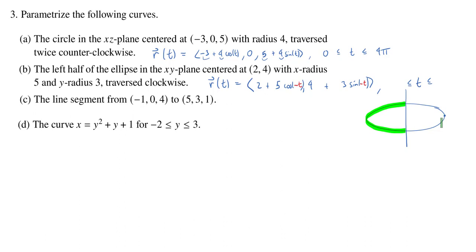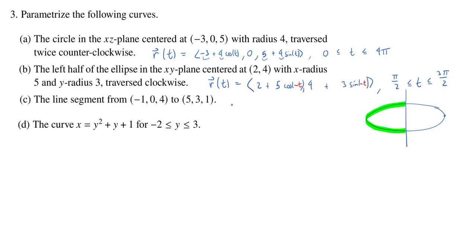So as I go backward, I don't want to start until t gets to pi over 2. So I'm going to let t start at pi over 2. You might say, well, isn't pi over 2 up here? Well, remember, we put in these negatives, so it's actually going backward. This is actually negative pi over 2. So I get to pi over 2, and then I want to go around another pi. That would take me to 3 pi over 2. Cool. All right, so now we've got the left half of an ellipse.